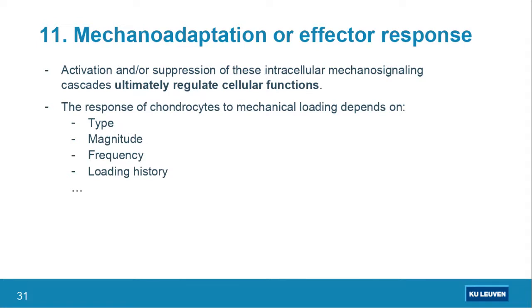So the final response of the chondrocytes to this mechanical loading is going to depend on different things. For example, the type of loading, the magnitude of the loading, the frequency, the loading history. All these parameters are going to have an impact on how the chondrocyte responds to this stimuli.